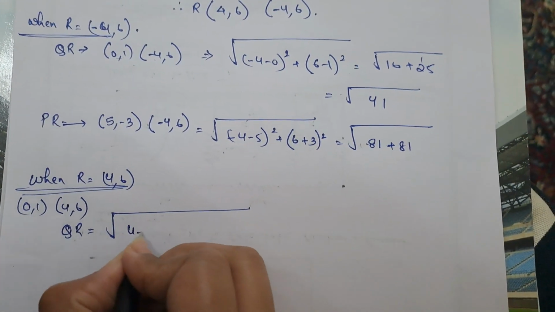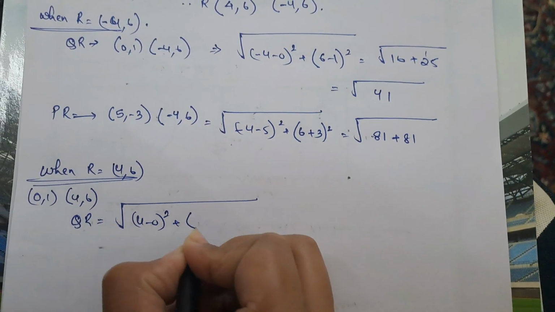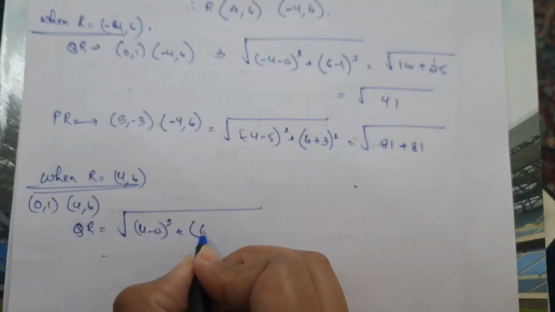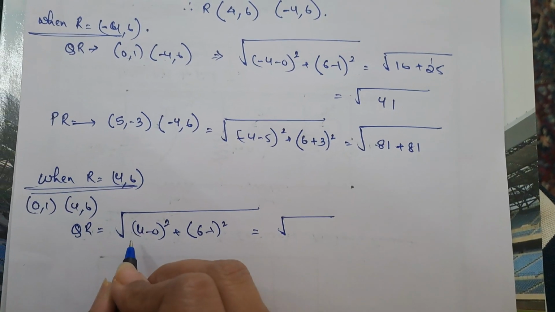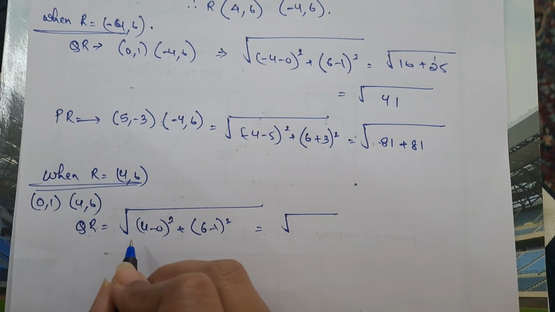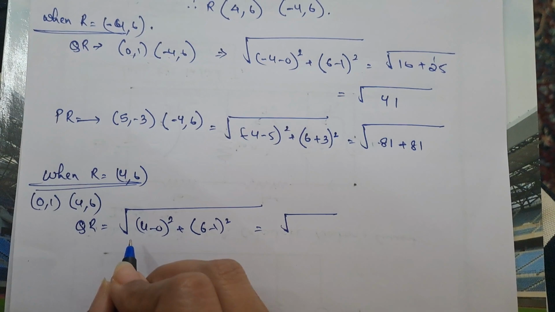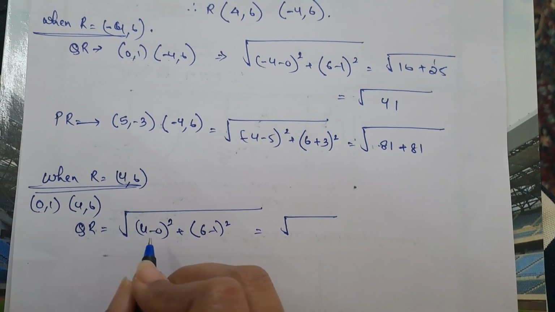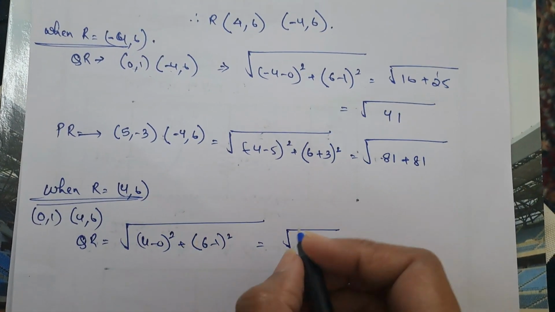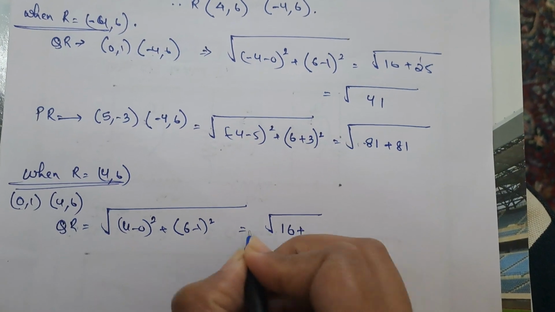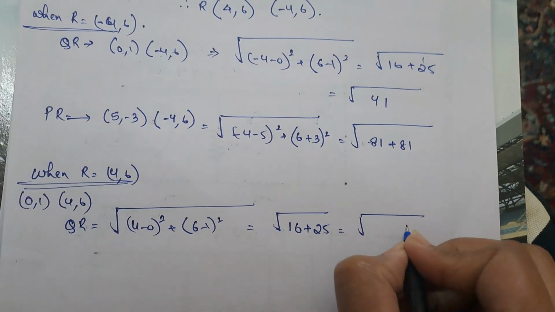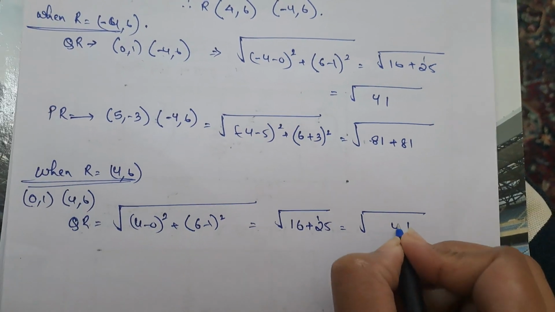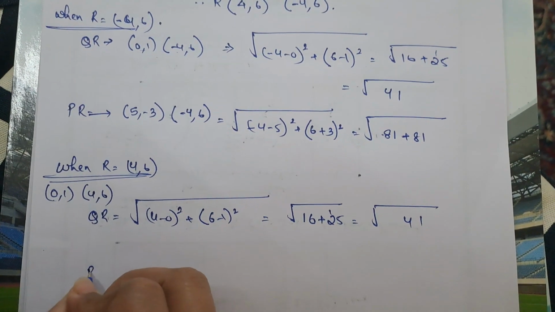So 4 minus 0 whole square plus 6 minus 1 whole square turns out to be again 16 plus 25, which is 41, root 41.